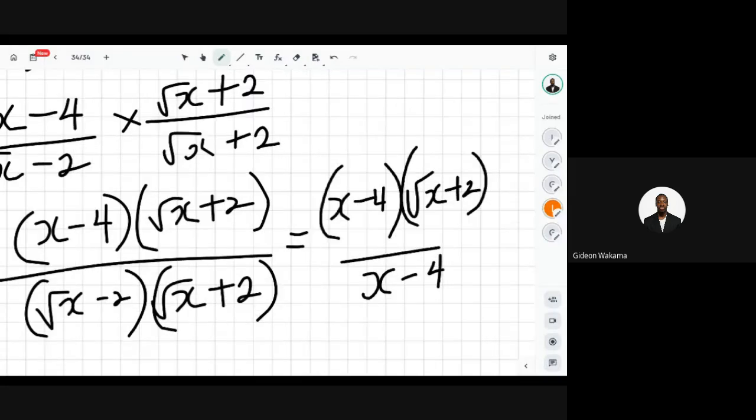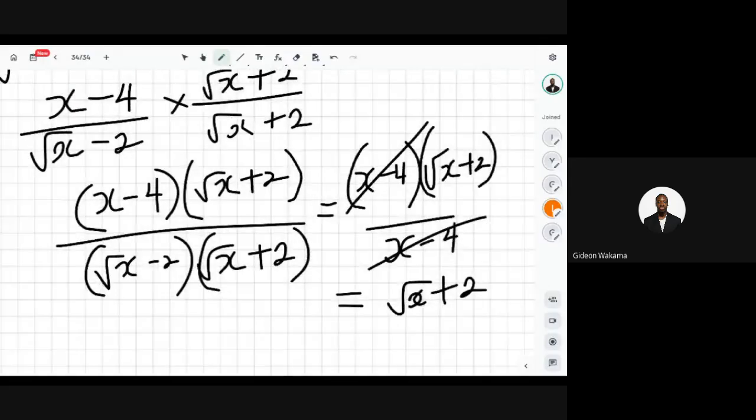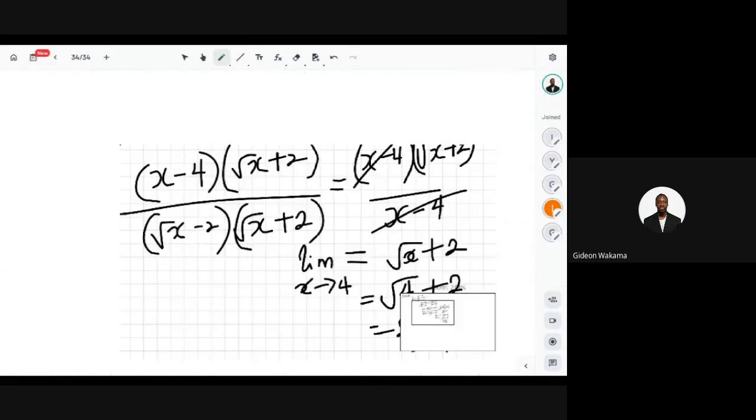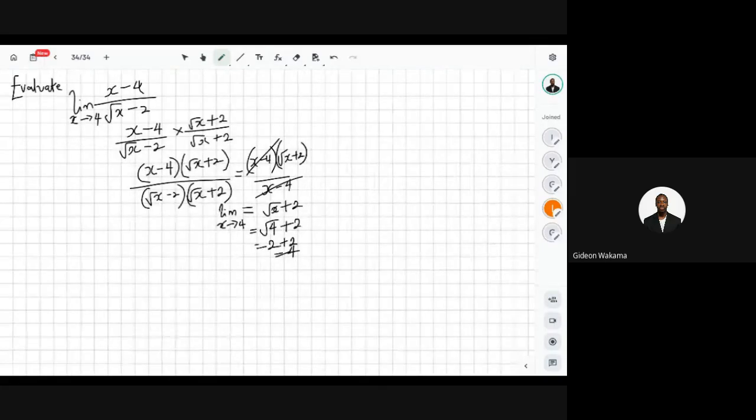It will cancel out. We're now left with root x plus 2. And remember, the limit is as x approaches 4, so we have root 4 plus 2, that is 2 plus 2, which equals 4. That's it.